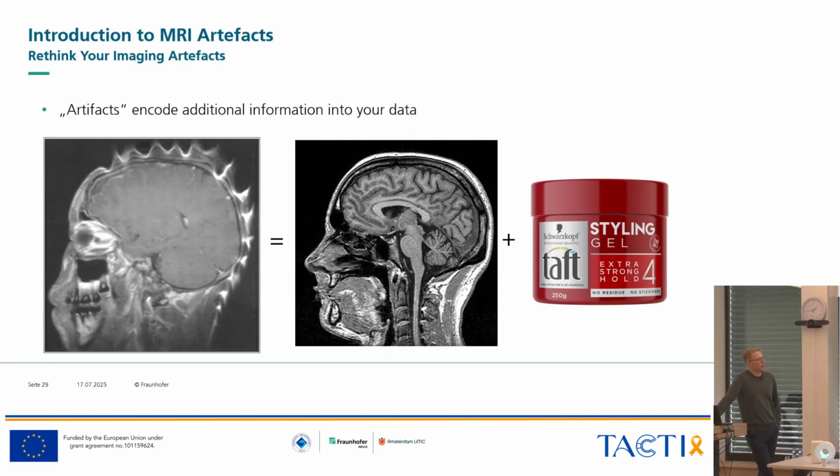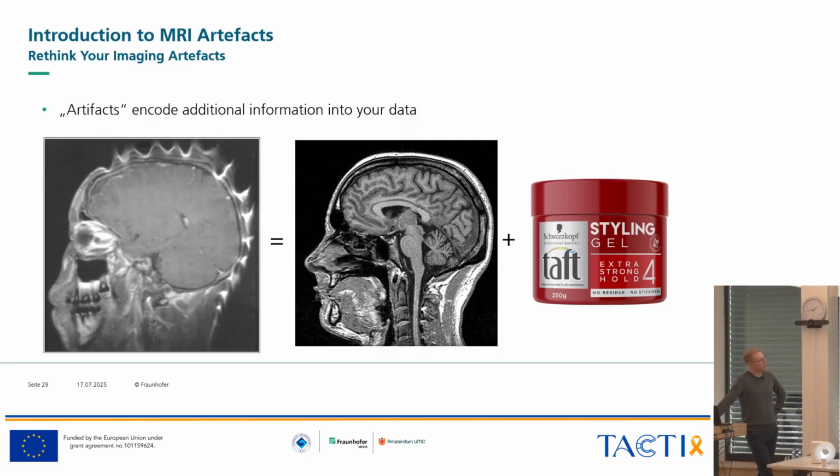We also saw examples from Mareike, for example, with the SPAM technique, where you use stimulated echoes, which in some contexts would be considered artifacts because they would introduce this squared pattern in your image. But in some other contexts, they are quite useful, depending on what you want to do. Usually, if you have an image artifact, that just means that your basic Fourier transform operation is maybe not enough to reconstruct the image.